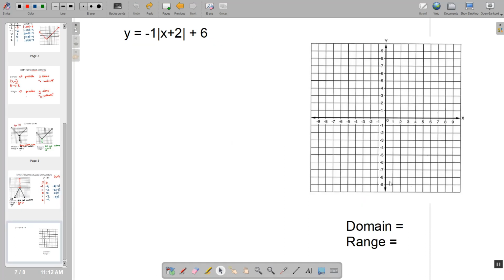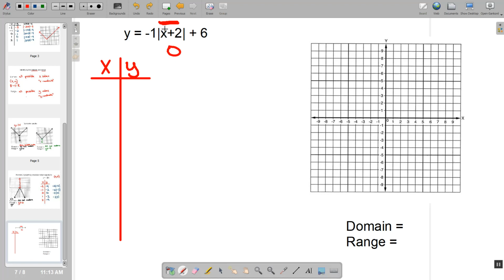This one looks a little bit harder, but if we remember where to start the middle of our table, it's still going to be the same process as before. Now, if you remember, our table wants to start with where the vertex is going to be in the middle, so right here. So what I want to do is I look at, in the parentheses, I want to create a 0 inside of the absolute value bars.